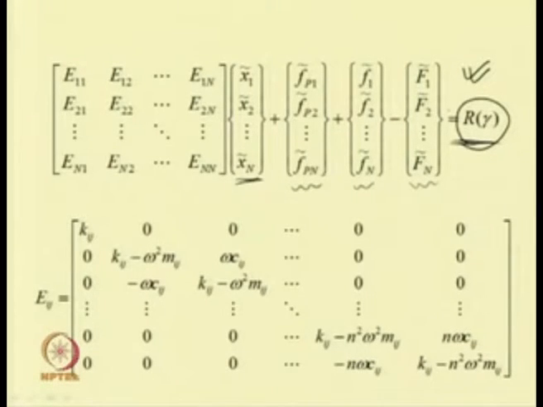So, this equation is reduced to this form, where E I j equal to k I j 0 0. This is reduced to a tridiagonal form. So, k I j minus omega square m I j. On the diagonal one can see this is k I j, this is k I j minus omega square m I j.